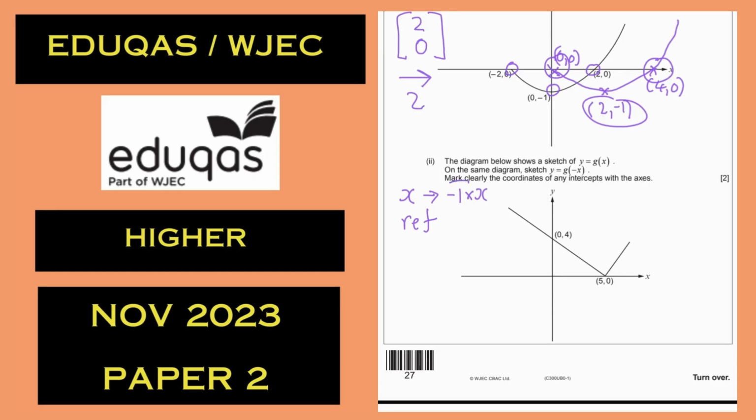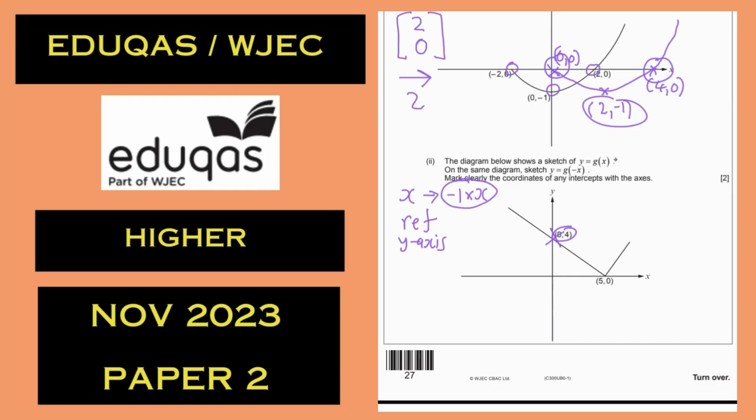If you only multiply the x, the number in front of x, the gradient, by negative 1, that will only affect the gradient. It will not affect the intercept. It will stay. This is a reflection in the y-axis. Because the intercept stays, the gradient is what changes.